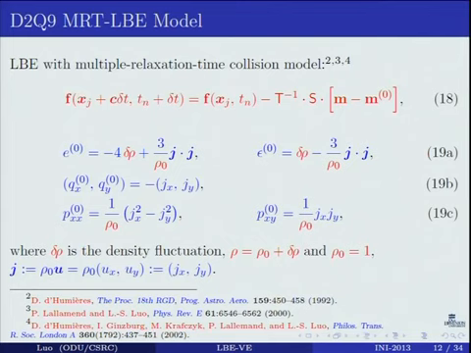The conserved moments, of course, don't relax. That's why they are conserved. Only the non-conserved moments relax, okay? And their equilibria are functions of the conserved ones. So these are basic kinetic theory. And so what you do is that besides rho, or I call it delta rho, and J, which is rho U, these are conserved moments.